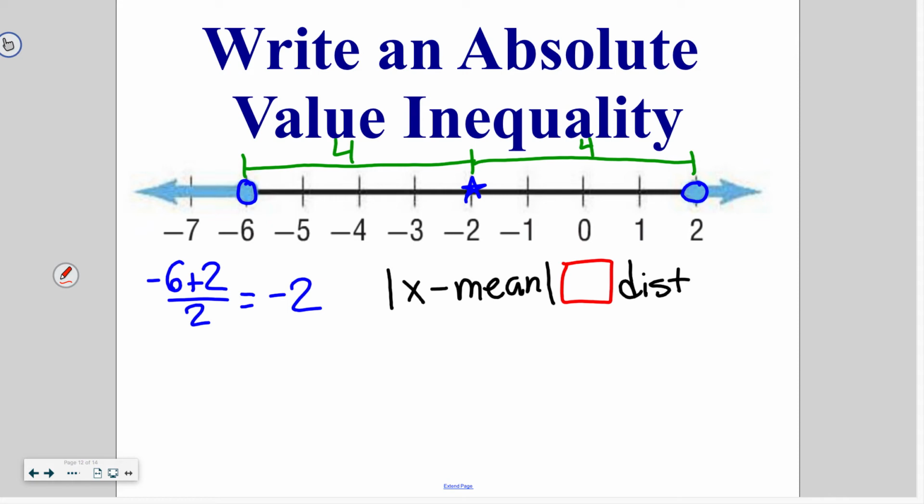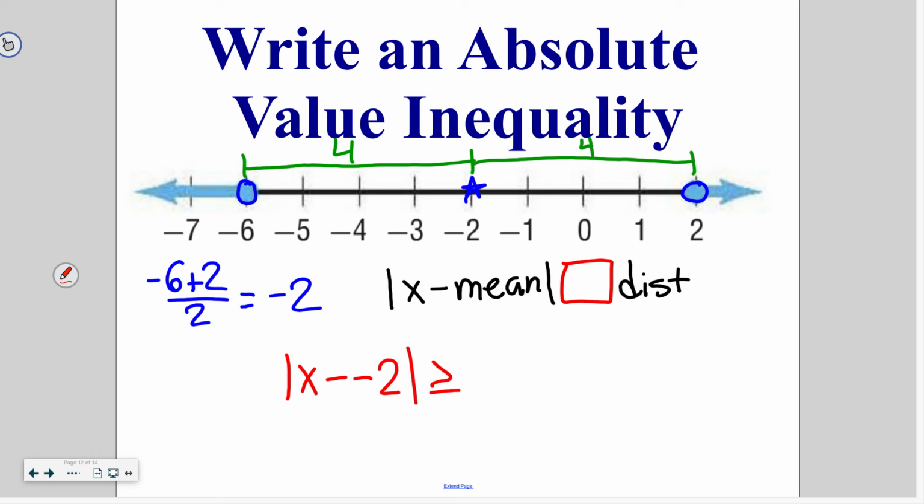Because the arrows are going in the opposite direction, and there is no overlap, that means we are in the OR case. If you look back on that chart that we have from the first couple of slides, if we're in an OR, that means we're starting with a greater than. So in this case, I'm going to say the absolute value of x minus negative 2, that's in the absolute value, is greater than or equal to.